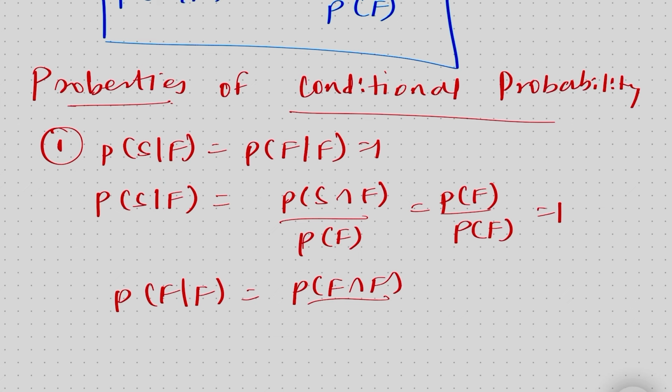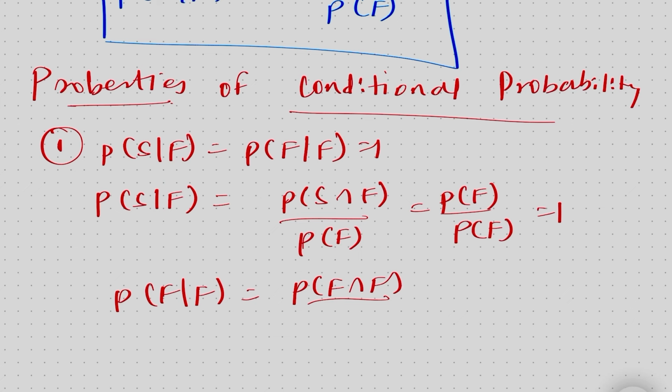Property one: P of S given F equals P of F given F equals 1.